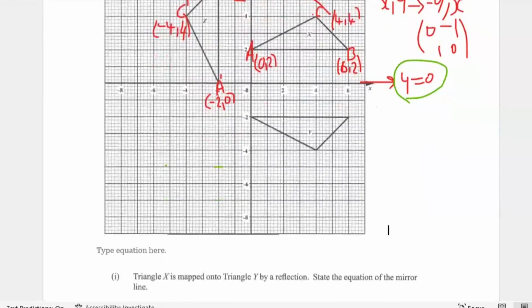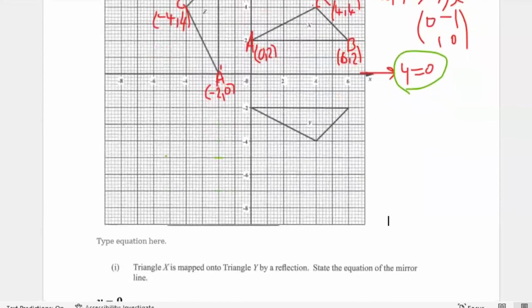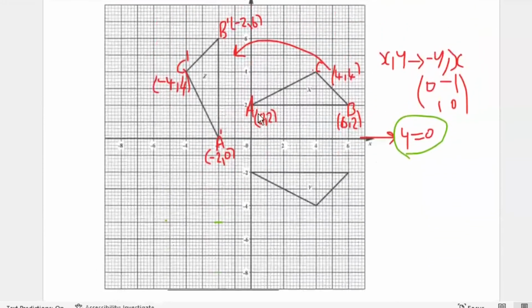So I'm hoping for those who are confused, you'd have seen. For a value here, we had 0, 2. The value is basically flipped, and now we have -2, 0. So our x value becomes our y value, and our y value becomes our x value, but it now takes on the negative sign. Same thing for B, it was 6, 2.